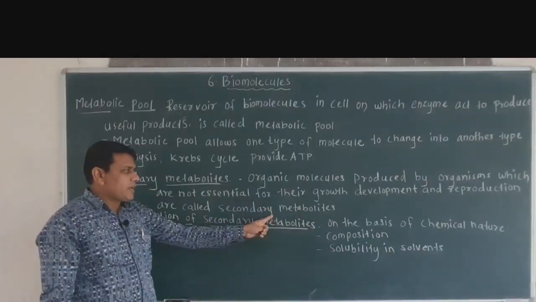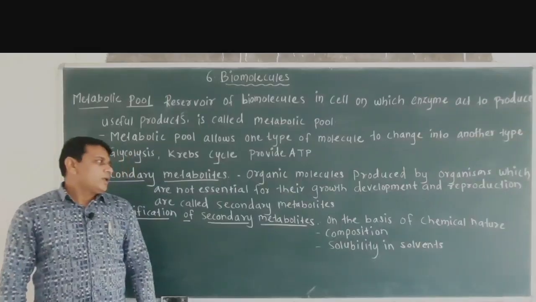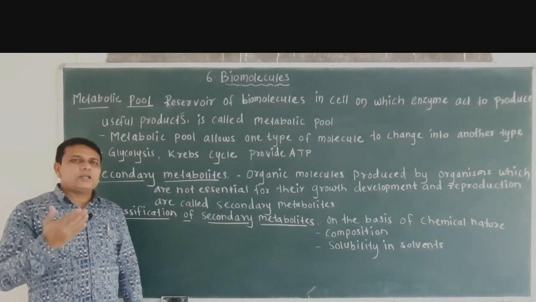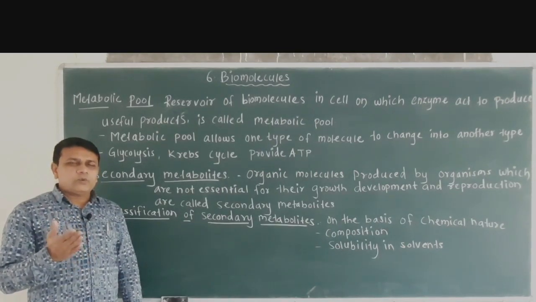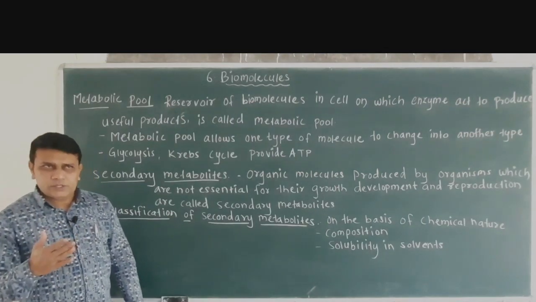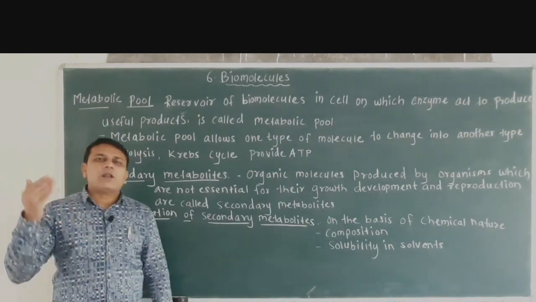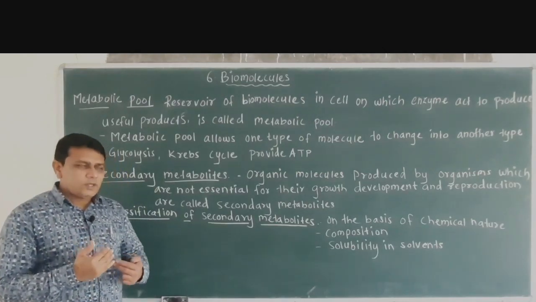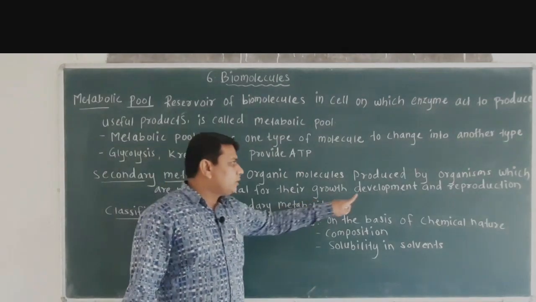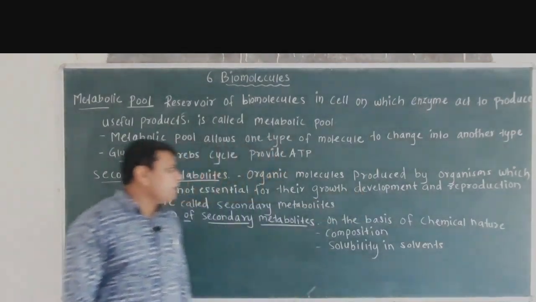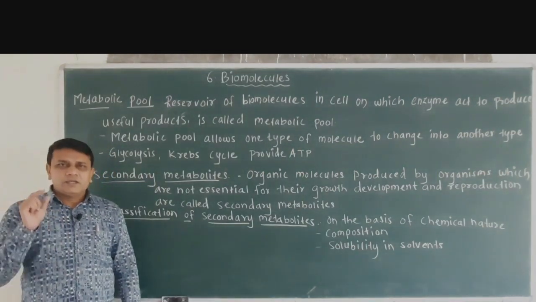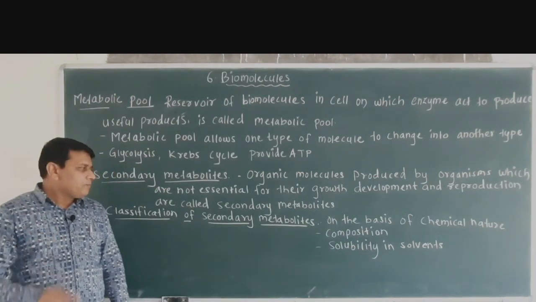Now secondary metabolites means these are the substances produced by organisms during their normal metabolism, but these substances are not useful for themselves. That means they are not essential for their growth, development and reproduction. So such substances are called as secondary metabolites.